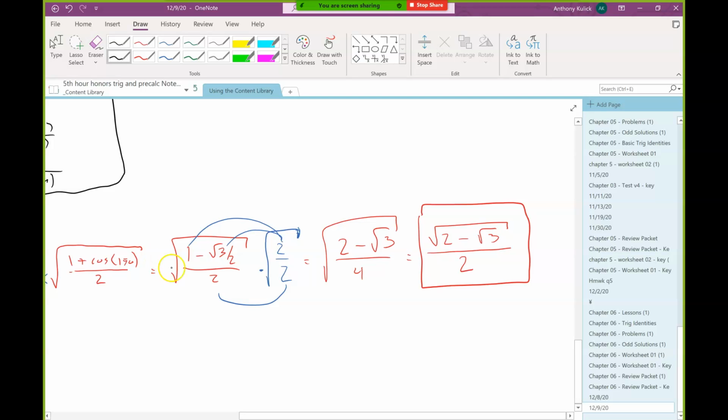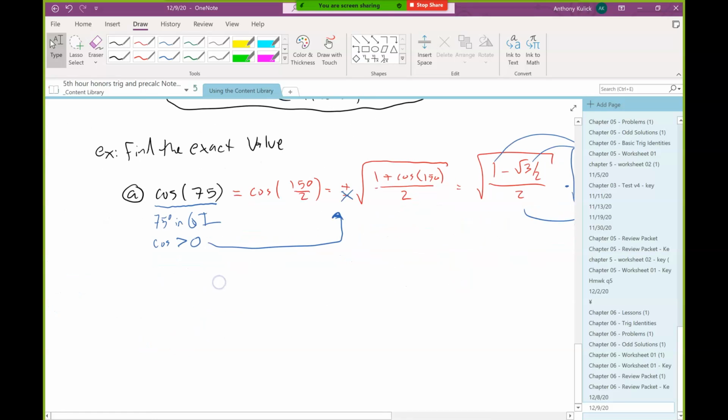Okay, let's do one more, just to make sure. So let's say we want to do cotangent of negative 105.